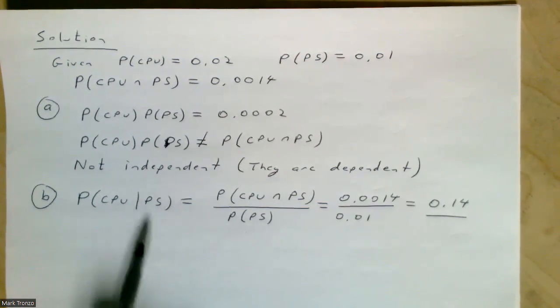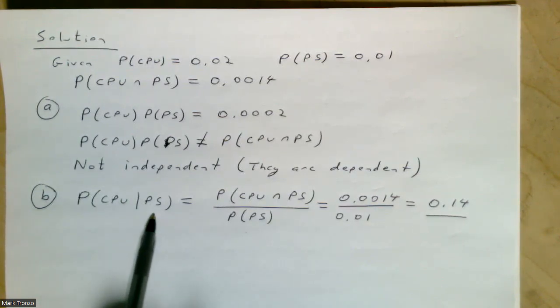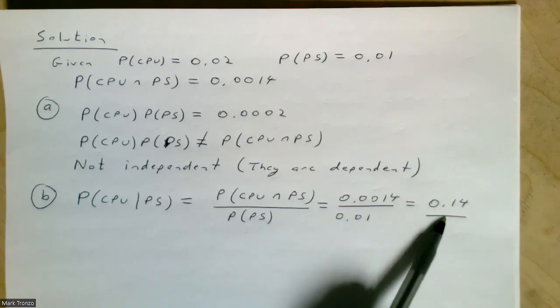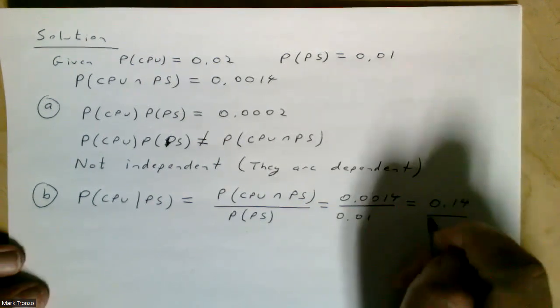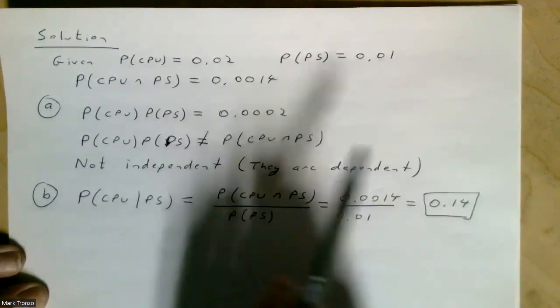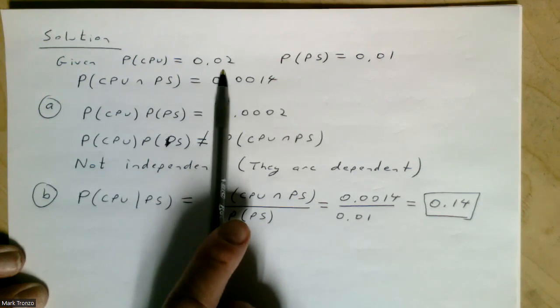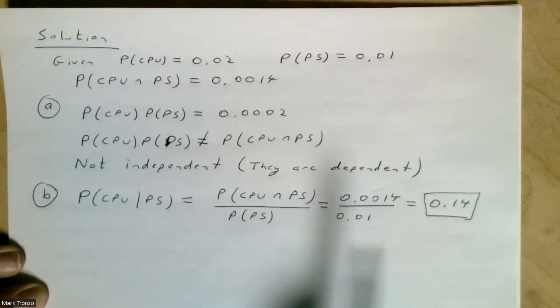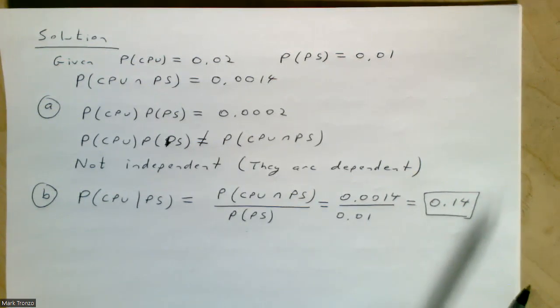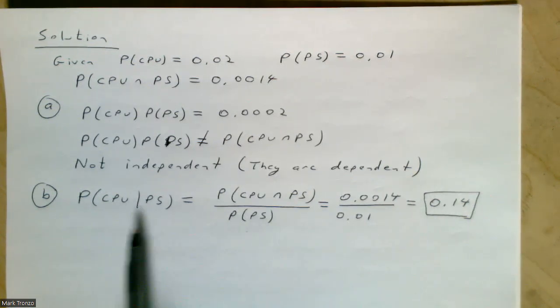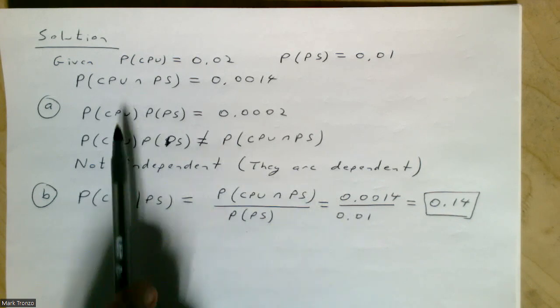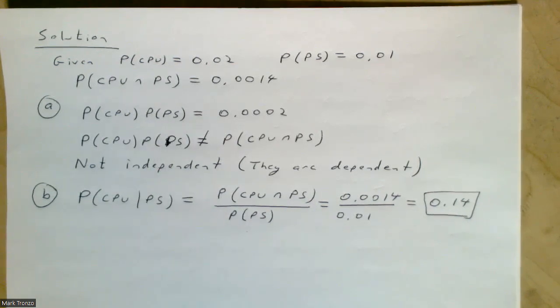So the probability of the CPU failing, given that the power supply has failed, is 0.14. So it's actually increased, because in general, the probability of the CPU failing is 0.02. But if we know the power supply has failed, the probability of the CPU failing is 0.14. Of course, we did problems like this in the last section. What we're just adding now is this question of whether or not events are independent of each other.